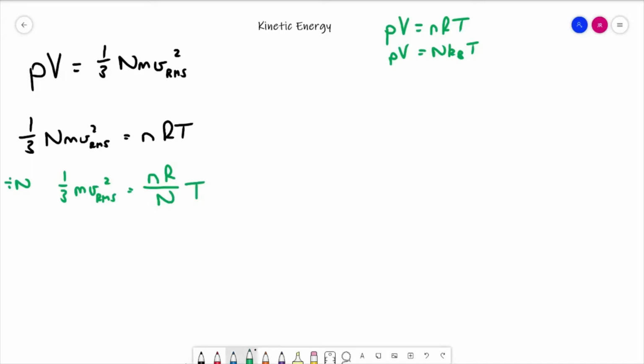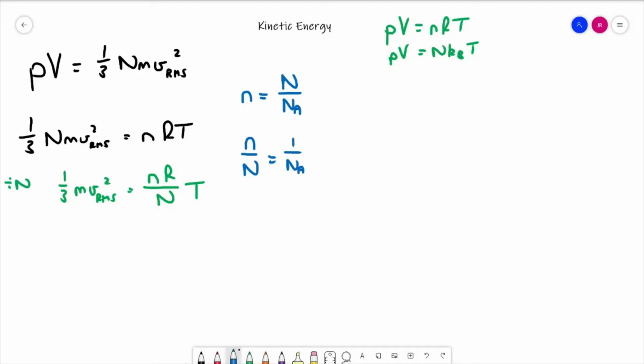Now, at this point, we just need to remember how all of these constants relate to each other. First, you remember that the number of moles is the number of molecules divided by Avogadro's number, and therefore little n divided by big N, the number of moles divided by the number of molecules, leaves us with 1 over Avogadro's number.